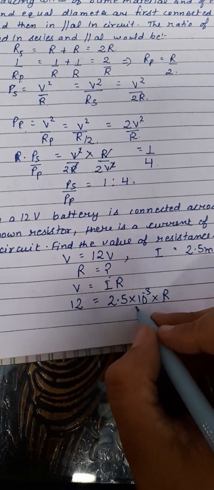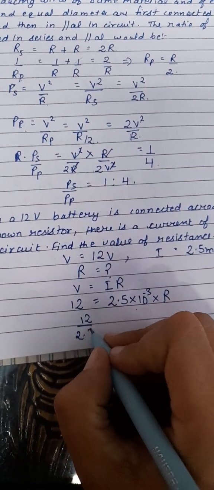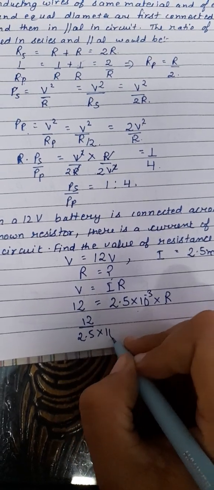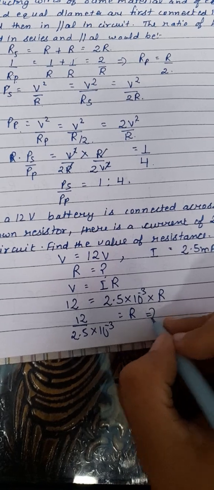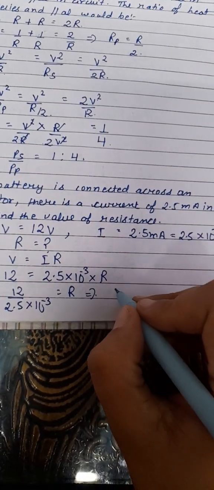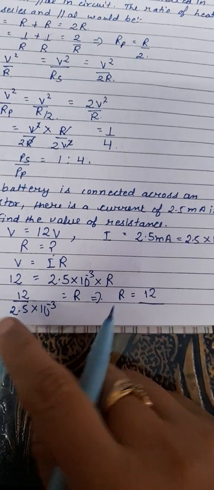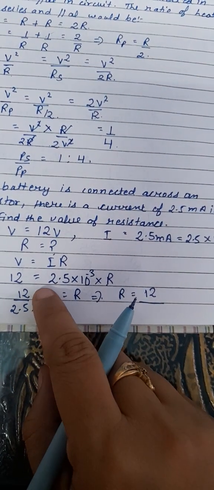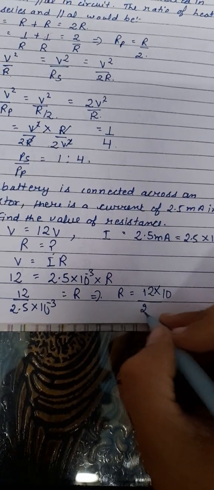Next, you have to find out R. This term divided: 12 over 2.5 into 10 raised to power minus 3 is equal to R. Next, R is equal to 12 over 2.5; remove the decimal point, then multiply by 10 and divide by 25.